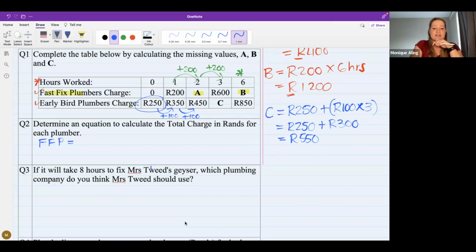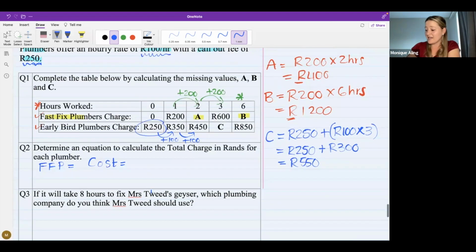Okay, and what is the constant difference formula? Okay, so if I want to work out the costs, I'm going to say cost is equal to, and can we agree we did actually do it when we worked out A and B on the side here, we said 200 Rand and we times by the hours.